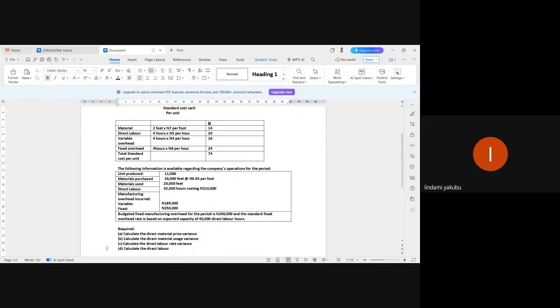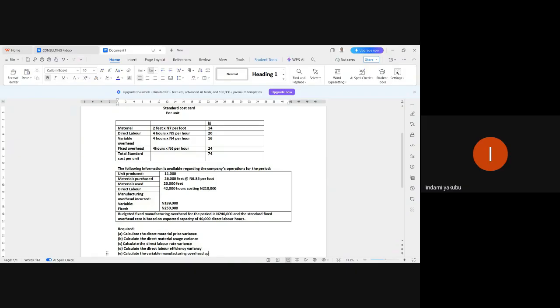Manufacturing overhead incurred, which comprises the variable and the fixed. For the variable, we have 189,000. For the fixed, we have 250,000 naira. Budgeted fixed manufacturing overheads for the period is 240,000 naira, and the standard fixed overhead rate is based on expected capacity of 40,000 direct labor hours.